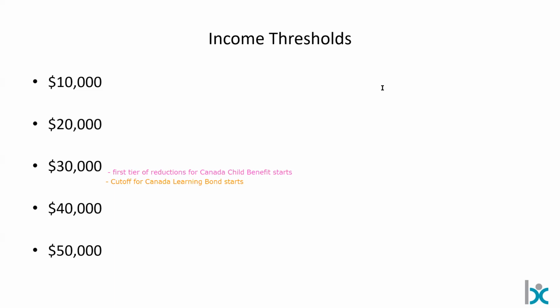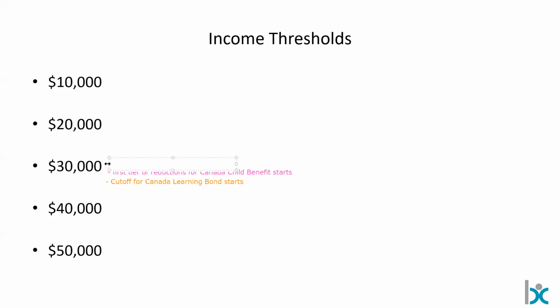And then if we're looking at RDSP grants, it has to go a little higher, in fact quite a bit higher for RDSP grants. There is the bond, which does start to cut off here.